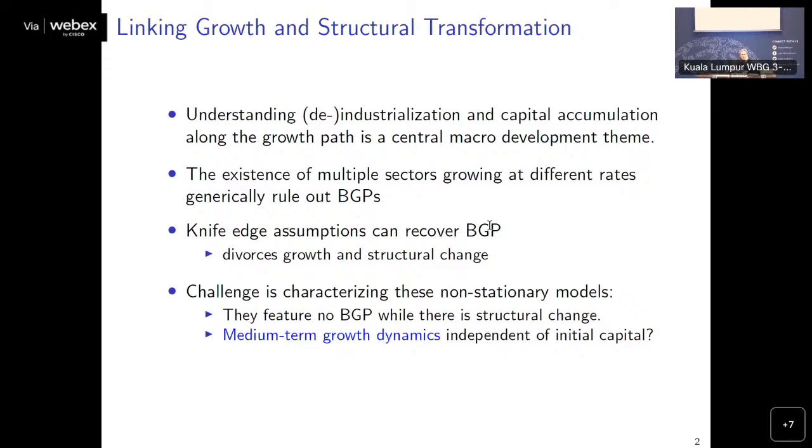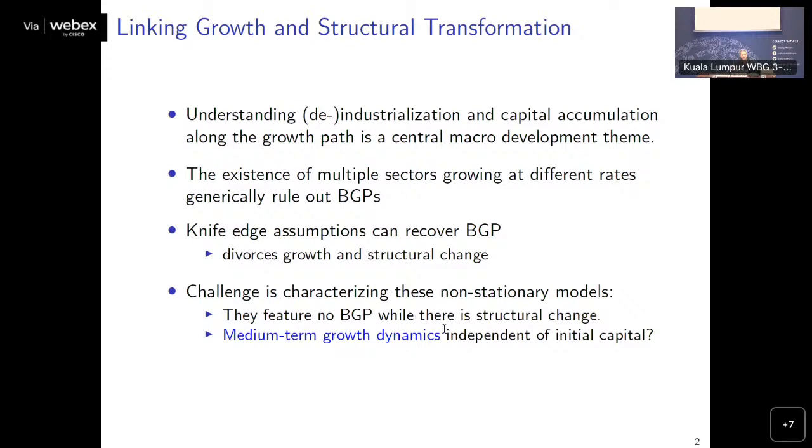So there's a technical question about how to characterize models that are non-stationary. And this stable transformation path, which is the title, is in many ways a technical contribution. I'm going to emphasize less of the technical part in this talk and more of, once we solve it, what do we get out of structural transformation models?